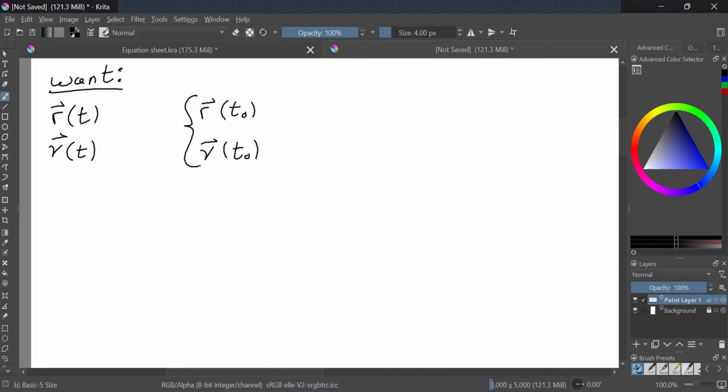And if we use some linear combination of these, we can get the things that we actually want. So I say linear combination.